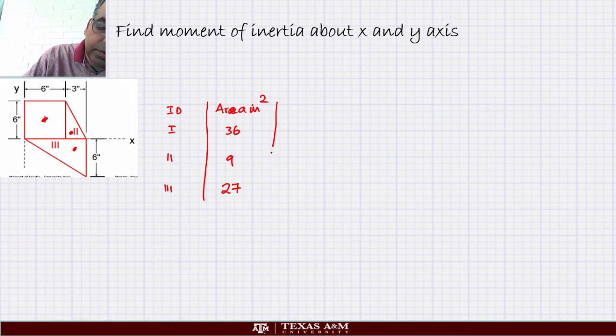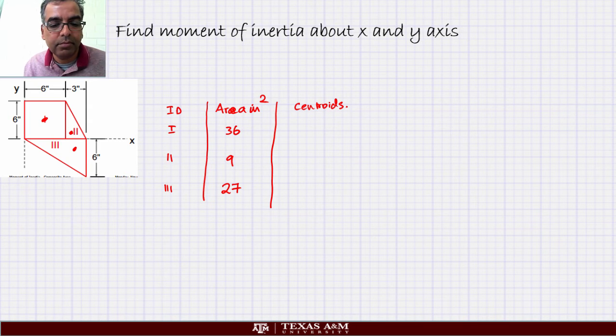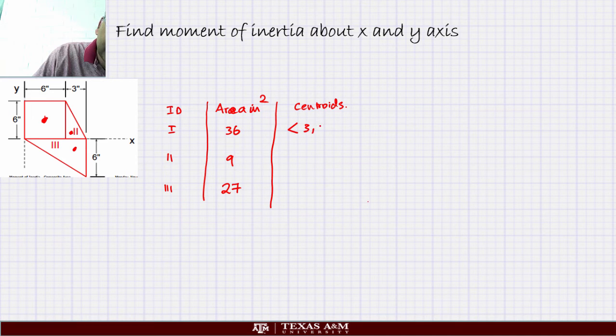Then let's find the centroids. I'm going to write down the coordinates of the centroid. So what's the coordinate of this point? That's in the center of this rectangle, and that's pretty easy. It's 3, 3. Can you see that?